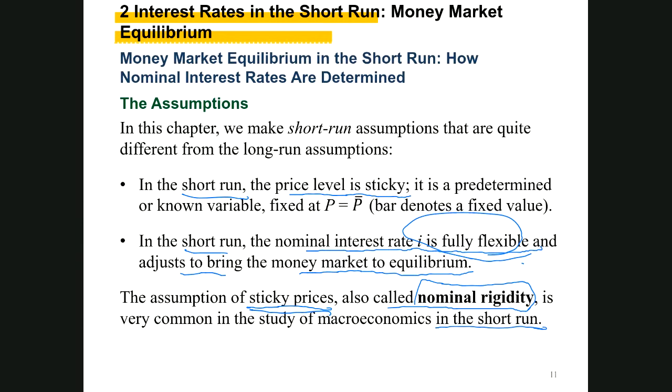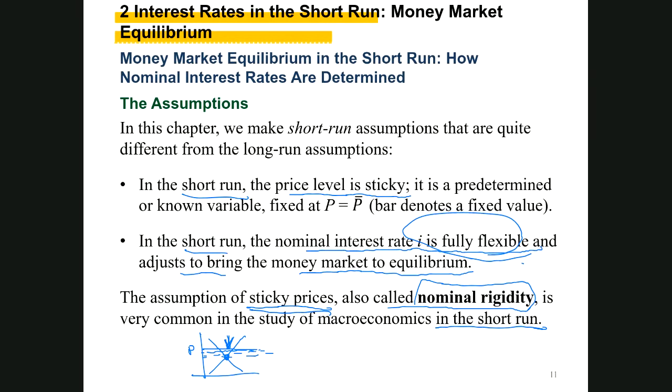If you remember from the macroeconomics you learned at the undergraduate level, sometimes the price will have a floor, right? The market will have a force pushing back to equilibrium, but because price is sticky in the short run, the moving of the price will be very slow.